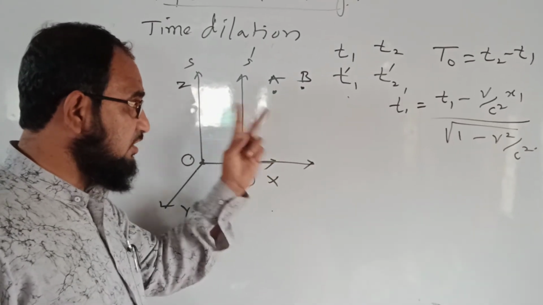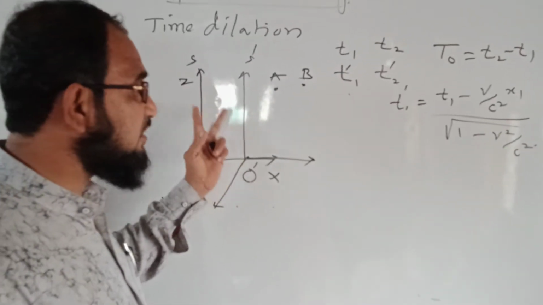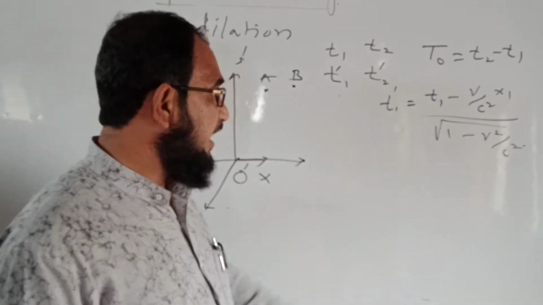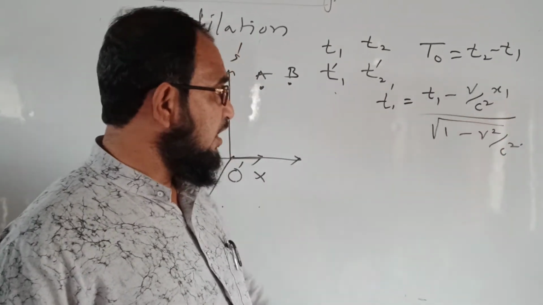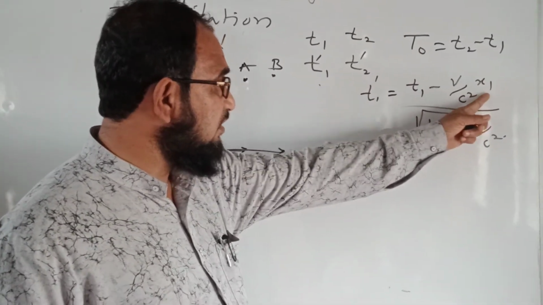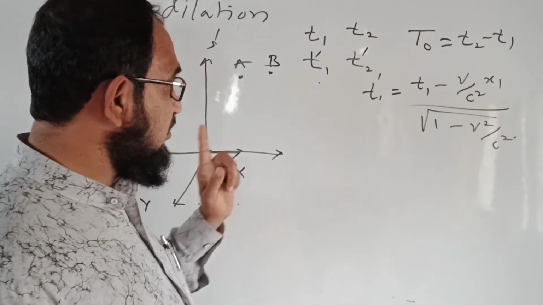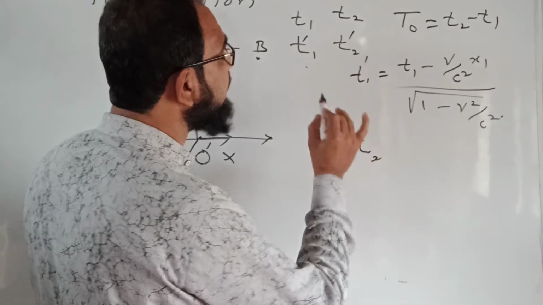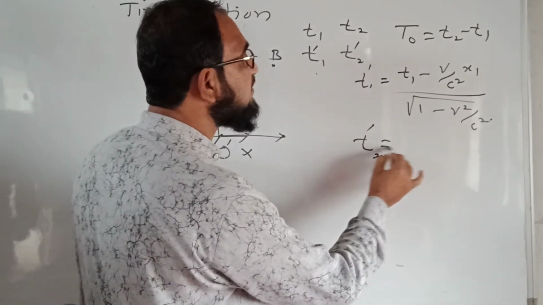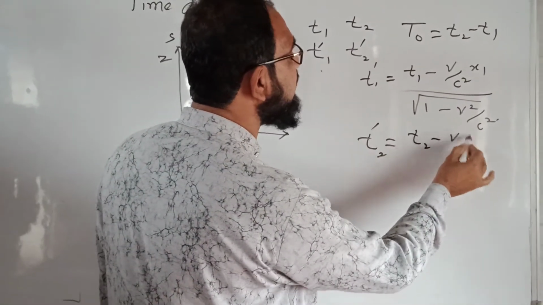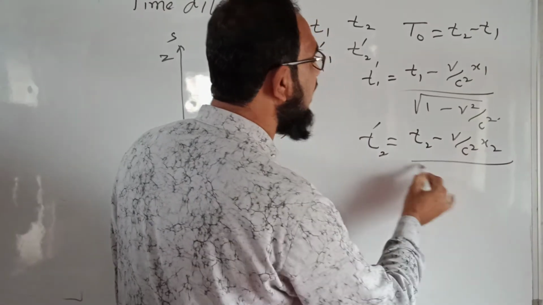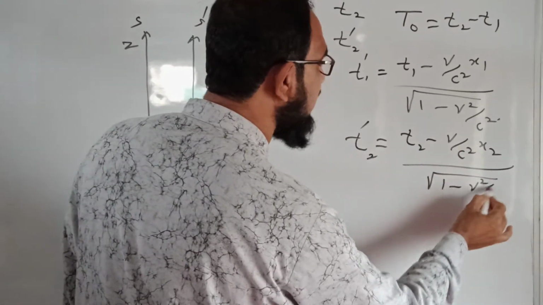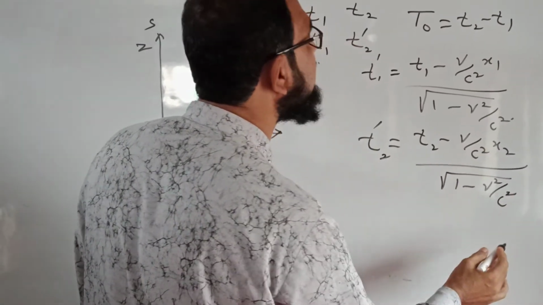These two frames are moving with some relative velocity V. x1 is the distance measured by the observer O. Similarly, the time T2 dash for the second event is T2 minus V by C square x2, upon root over 1 minus V square by C square.